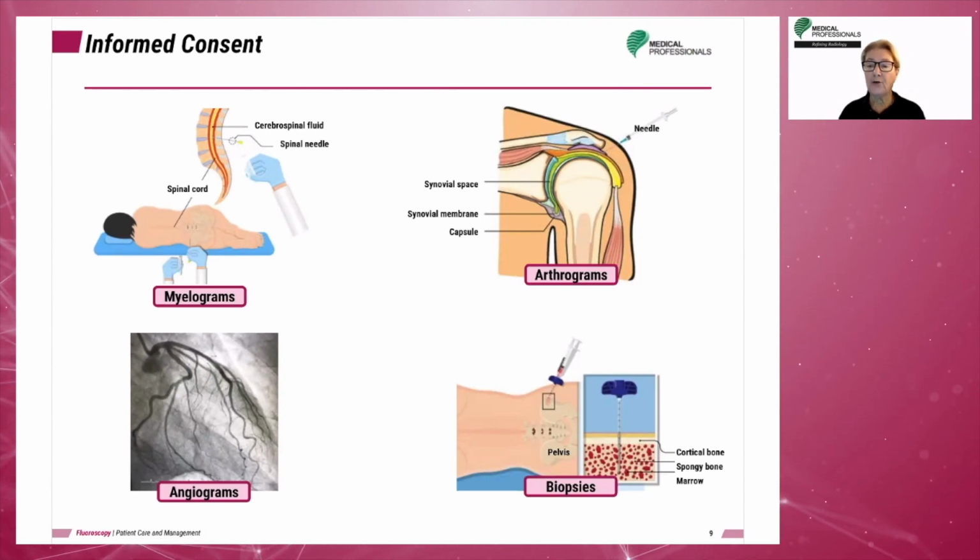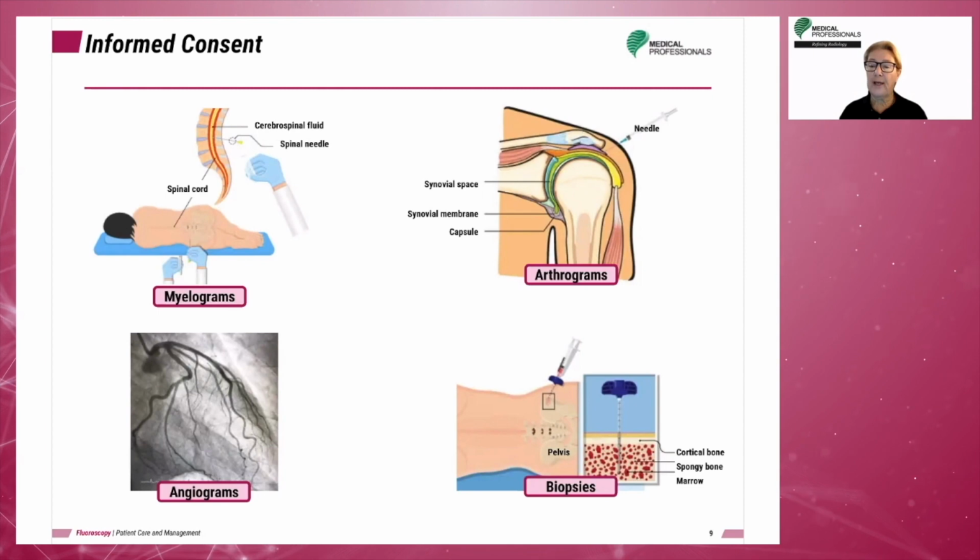Arthrograms are radiographic procedures involving joint spaces. This could be the hip, the wrist, the shoulder, the knee, or elbow, to name just a few. These procedures involve a needle being placed directly into the joint space and pose risks of nerve damage, tendon damage, infection, and inflammation.